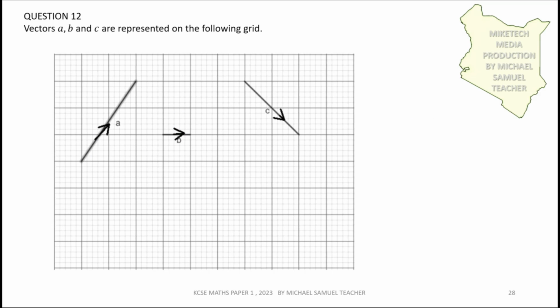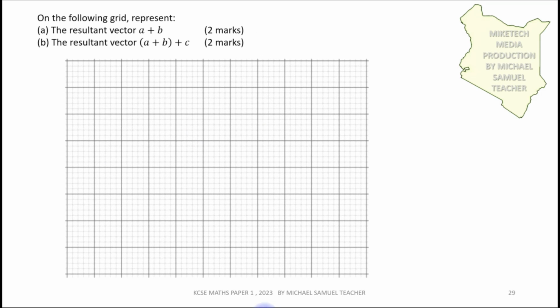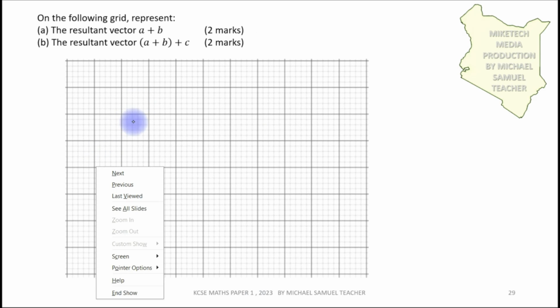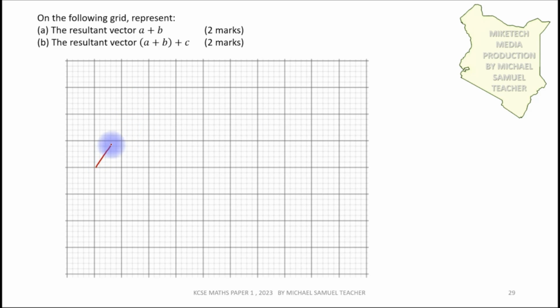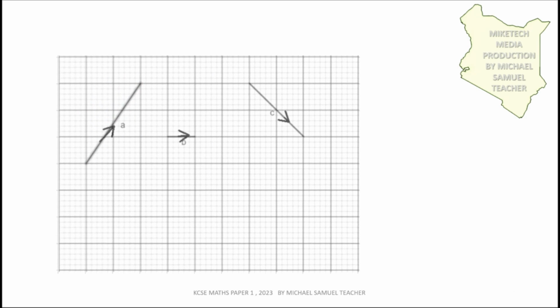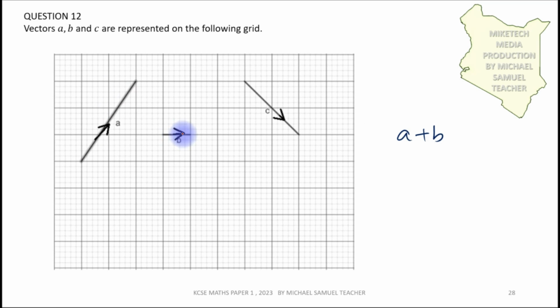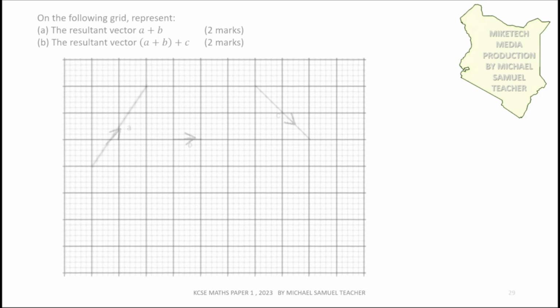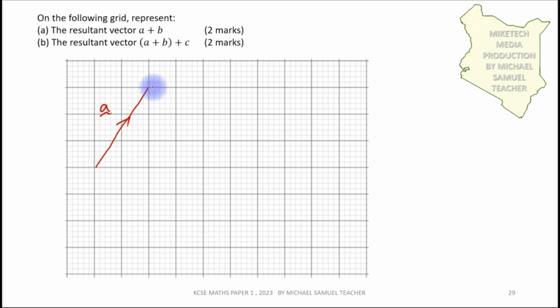Just to redraw, we have A from this particular point, that is vector A, then B from where we have A, so we have B vector.